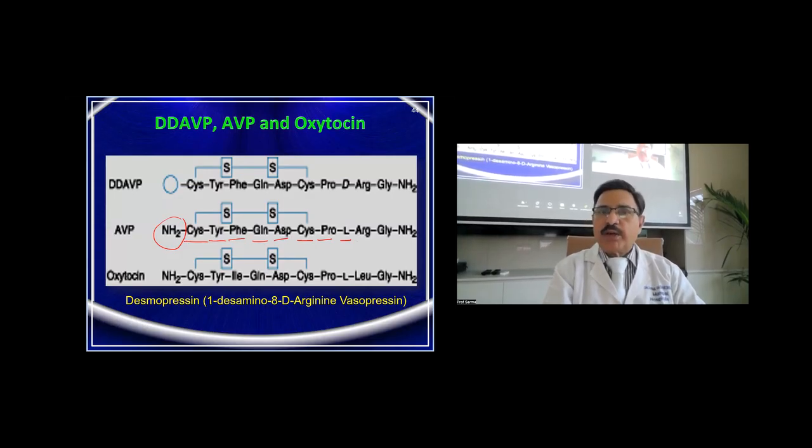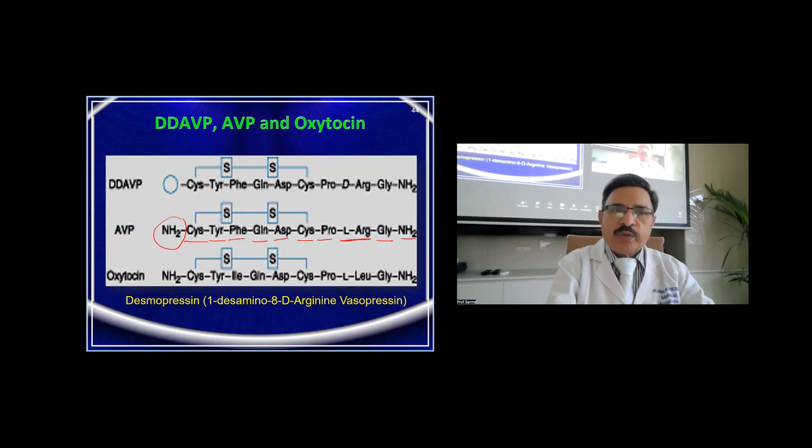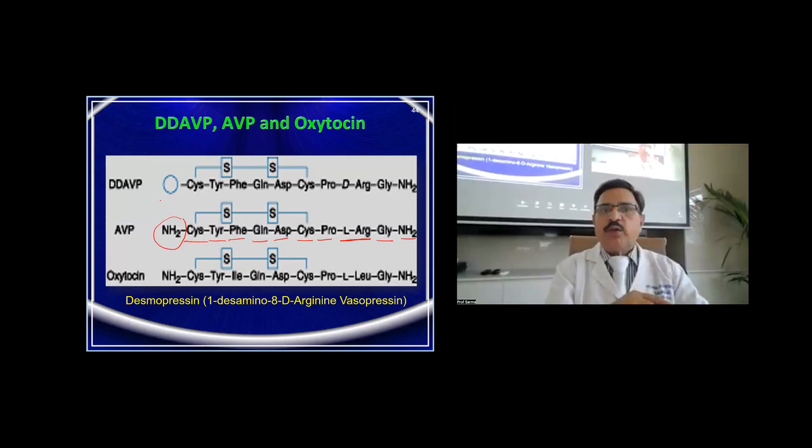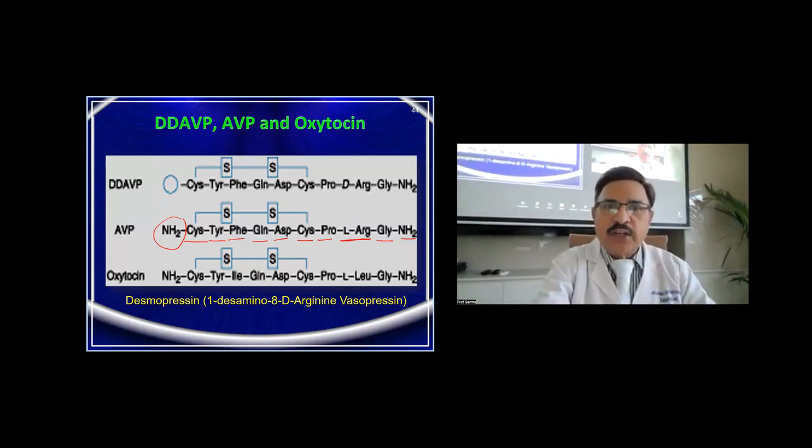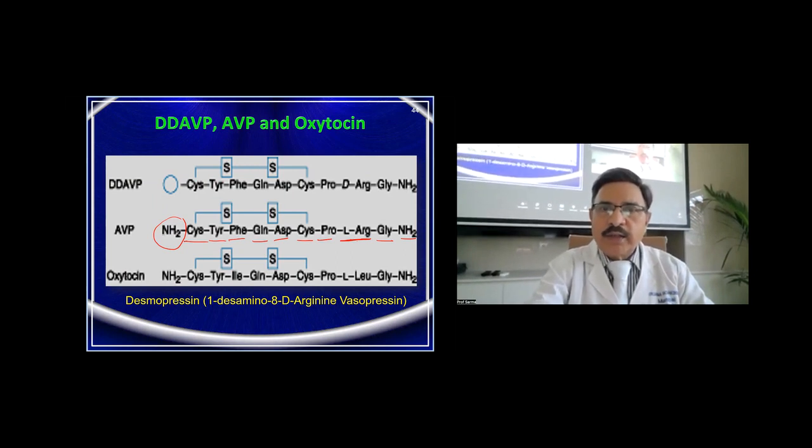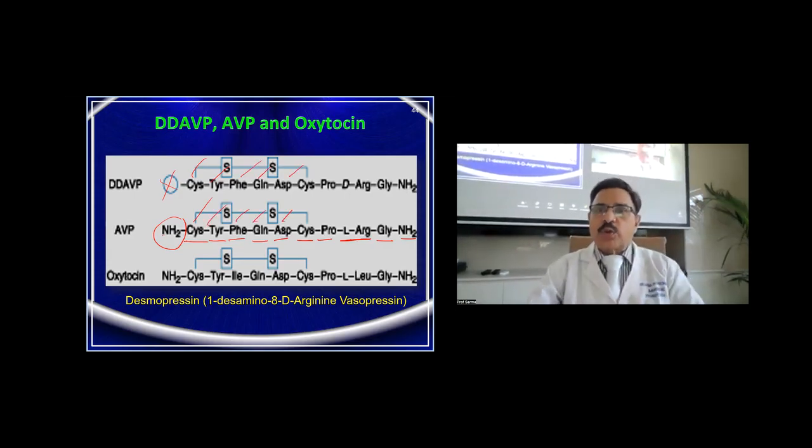In DDAVP the amino terminal is missing, and the other residues are the same. Instead of L-arginine, levorotatory arginine, we have a dextrorotatory arginine incorporated in that place. That is why it's called D-arginine vasopressin.